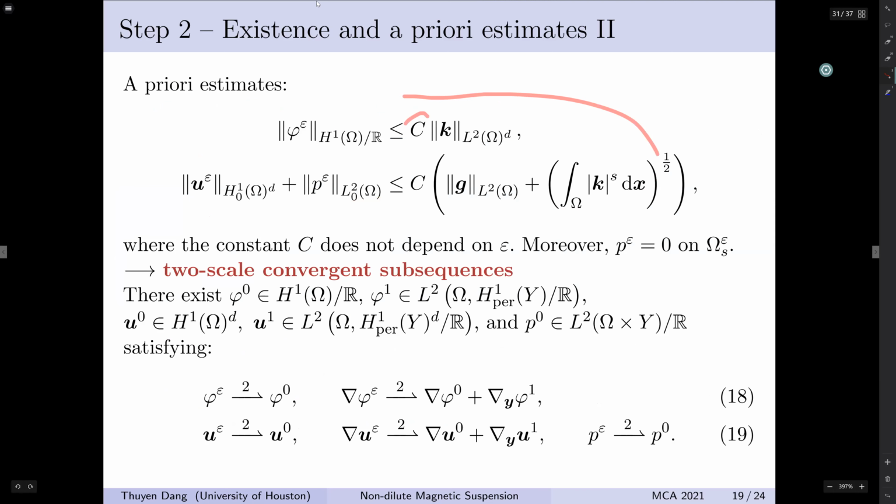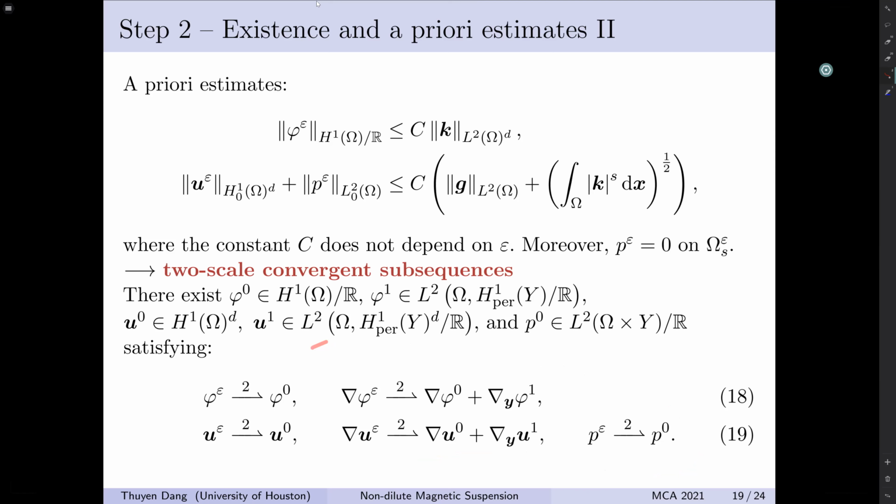And because the constant C here doesn't depend on epsilon, you can extract some convergent subsequences. So you have the limit phi epsilon belonging to this space, phi 1 belonging to this space, and U0, U1, and also phi 0, such that you have all of those convergences.